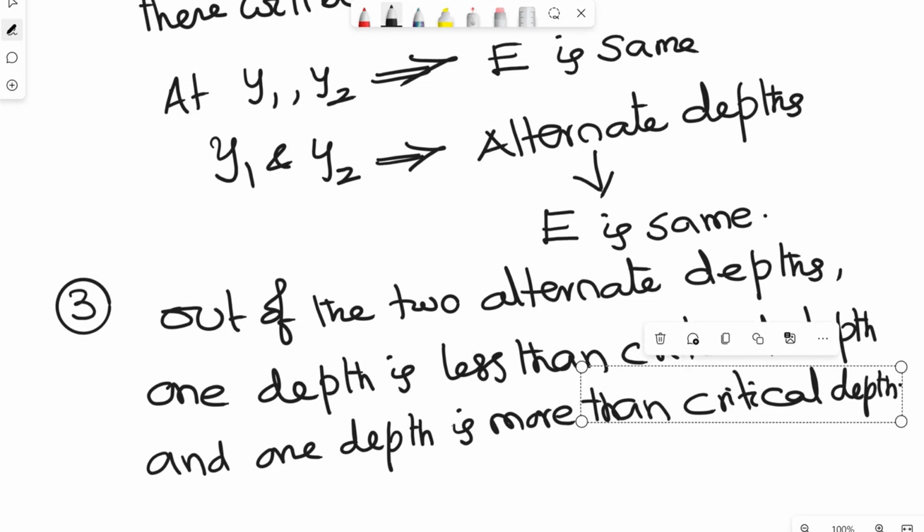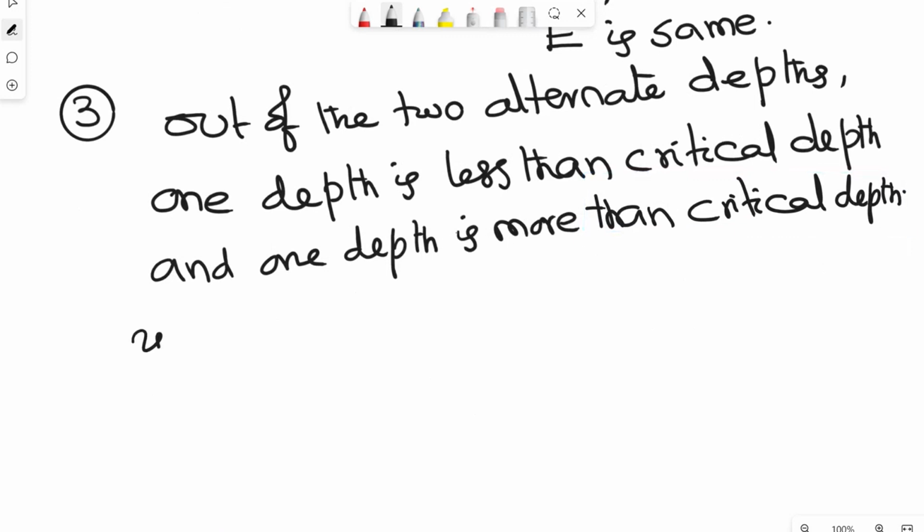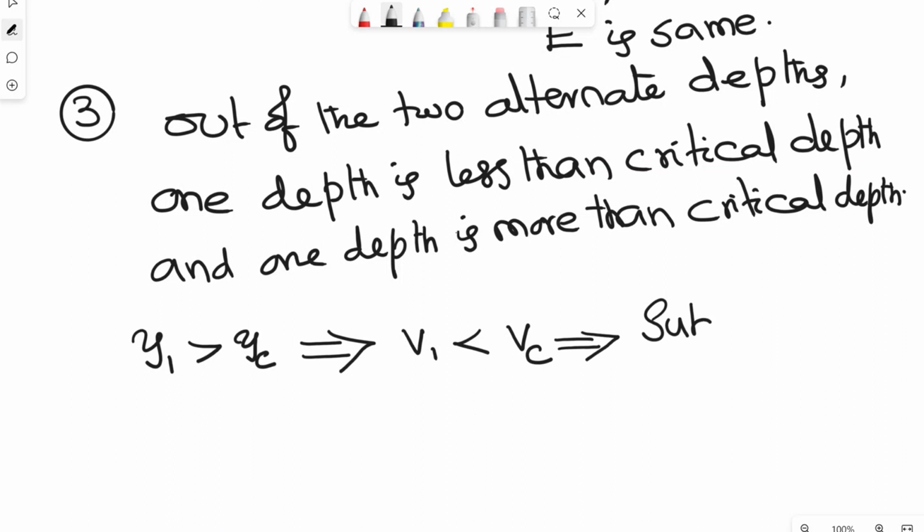If I take y1 greater than yc, am I right? If you see the drawing, therefore v1 is less than vc. The velocity at that depth is less than critical velocity, and this flow is called subcritical flow.